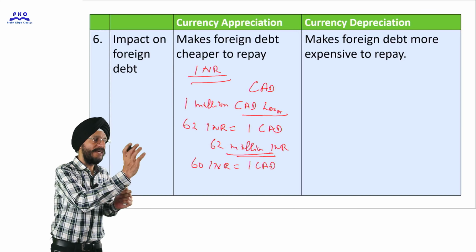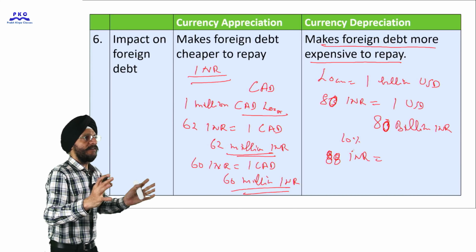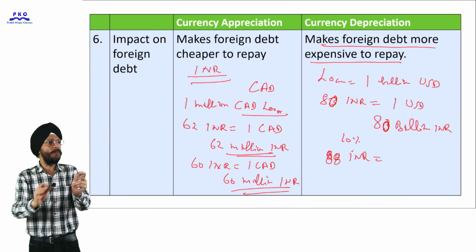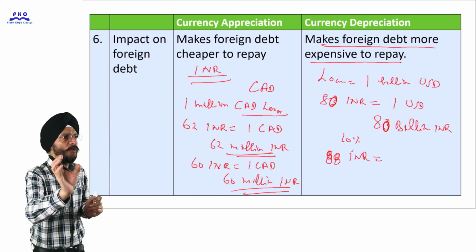If we take the exact value, we assume that it is 80. Here we will take it 80 and here it will become 88. To understand very clearly, we are now assuming 80 Indian rupee is equal to 1 US dollar.